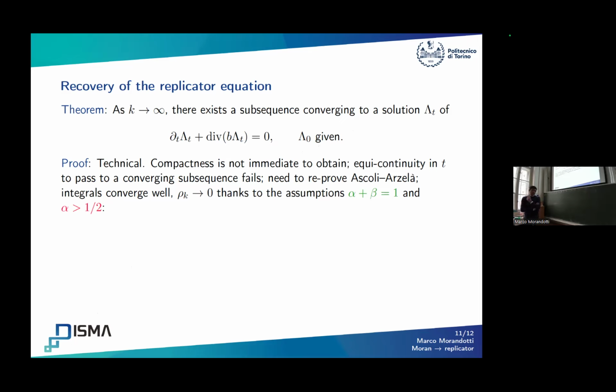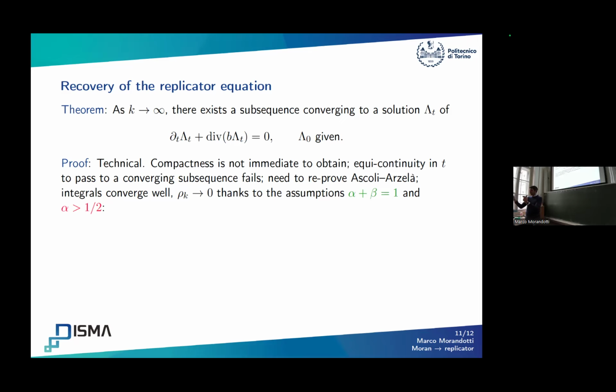So the interesting thing is that when you've got these structures, usually you want to prove a compactness argument. But here it's really not immediate, because you want to estimate something with respect to two time instances, S and T. If they fall in the same little interval, which is of width tau k, everything goes fine.